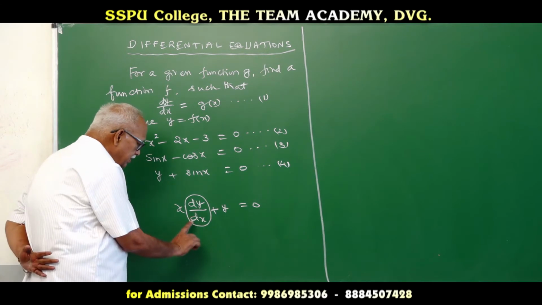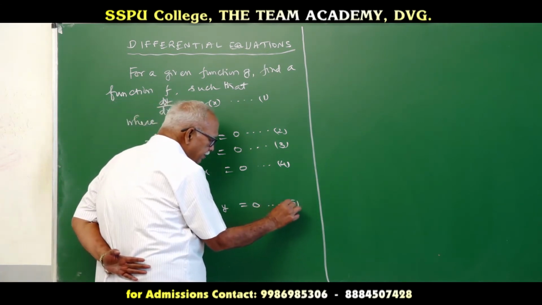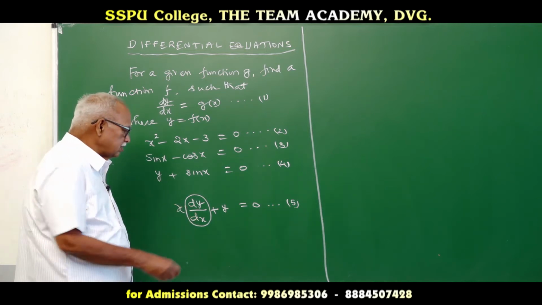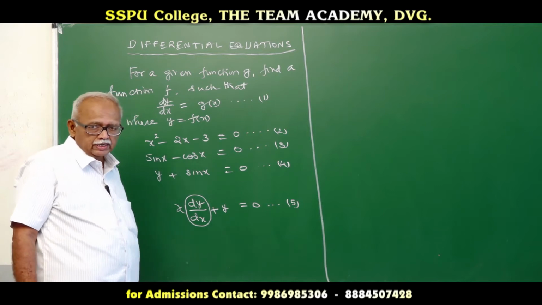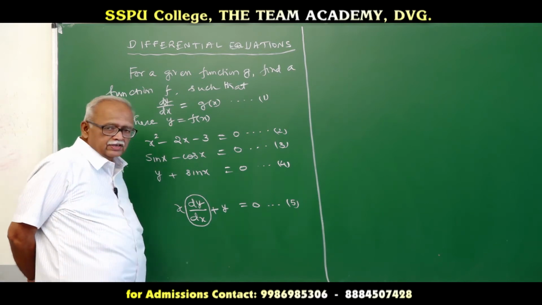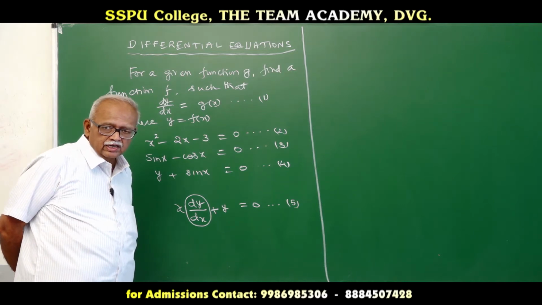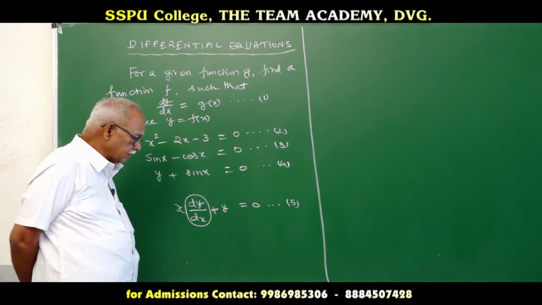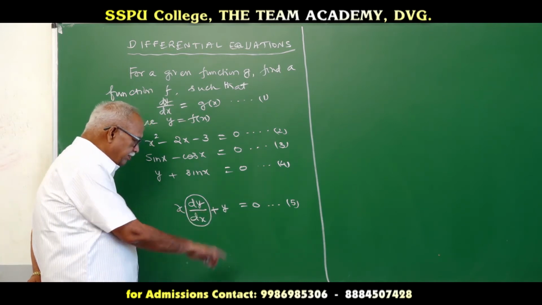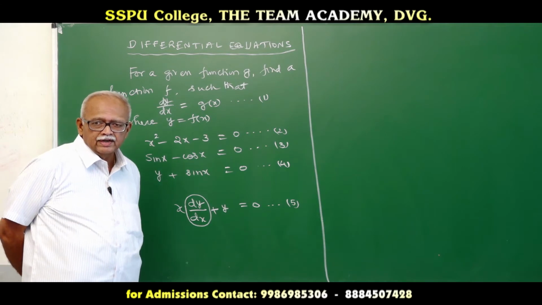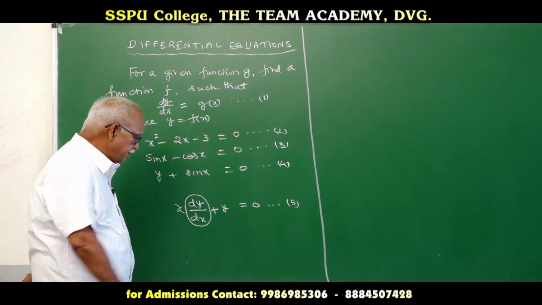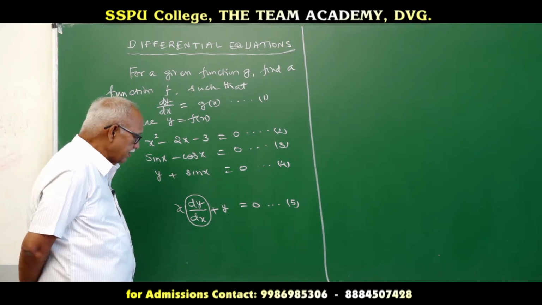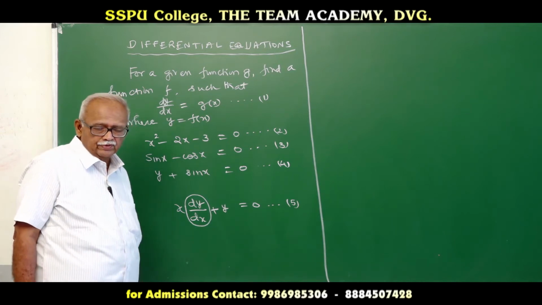So this equation 5 is called a differential equation. This is called an ordinary differential equation. So how do we differentiate between ordinary equations and differential equations? We should have in the differential equation an independent variable, a dependent variable, and the derivative of the dependent variable with respect to the independent variable. Then the equation will be called an ordinary differential equation.